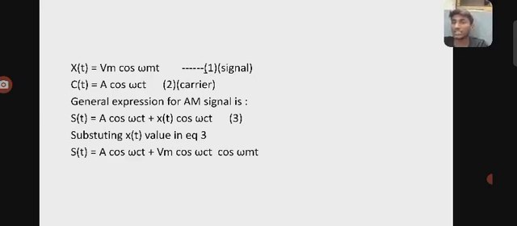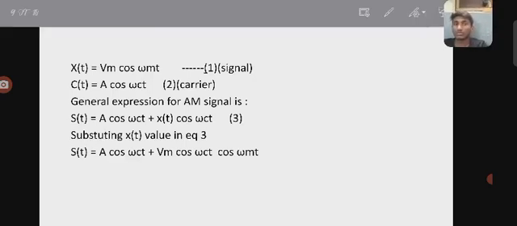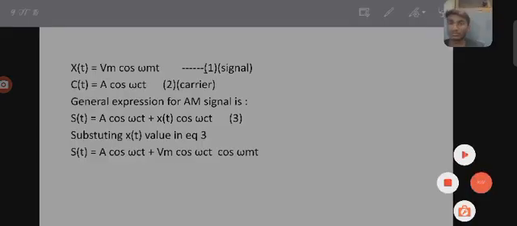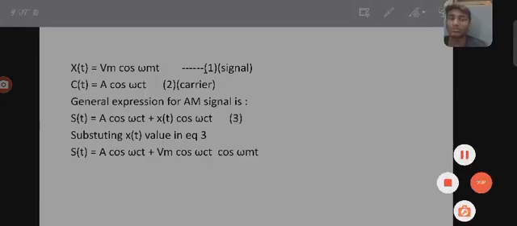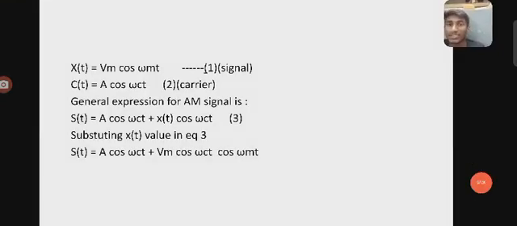So here you can see the general expression for the message signal, which is x of t equal to Vm cos omega m t, where Vm denotes the amplitude, and the carrier signal c of t is equal to A cos omega c t.